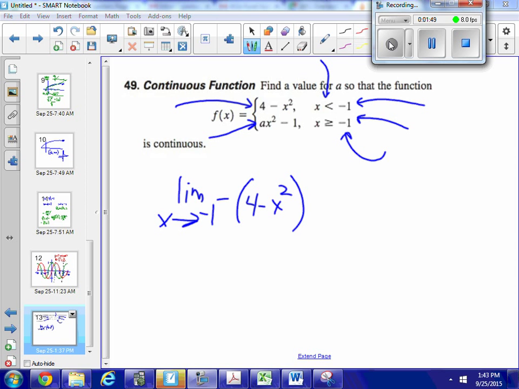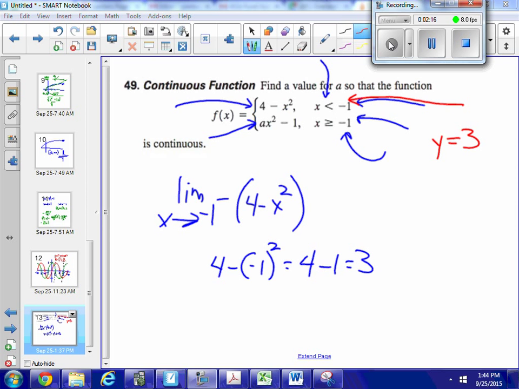So the limit is going to be 4 minus -1 squared. 4 minus 1, it's going to be 3. So as this function gets really close to x equaling -1, my y value is going to get really close to 3. That is my limit. So let's write it here, is equal to 3.